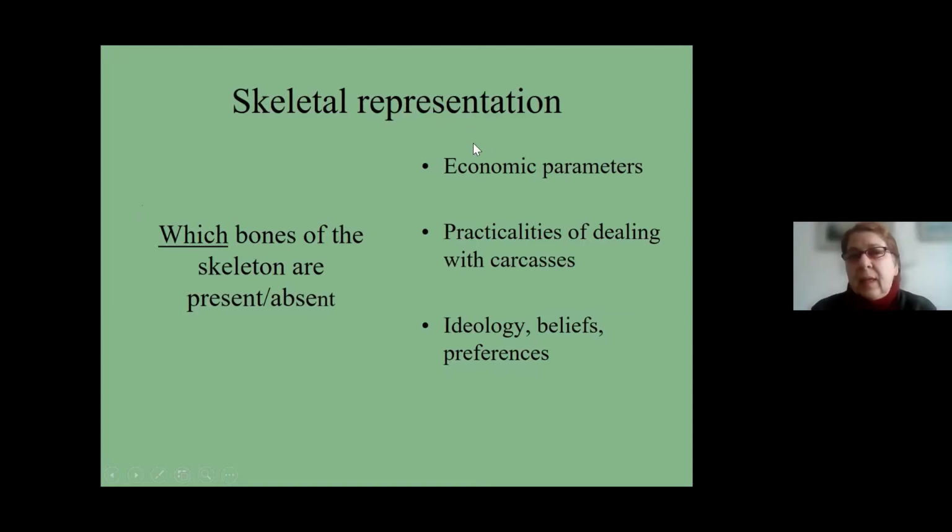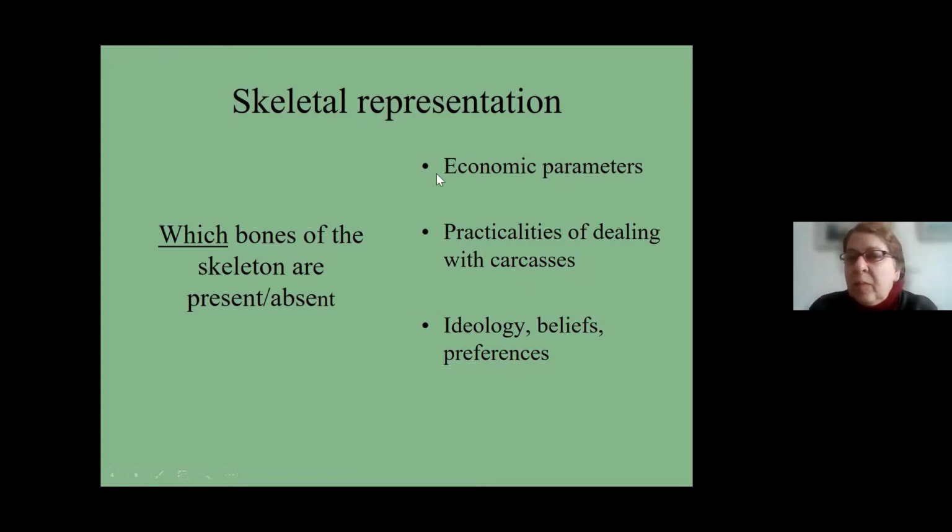The next technique I will use is the skeletal representation. Here we are looking at which bones of the skeleton are present or absent. This actually shows me how the people used the carcass of the animal, the dead animal.